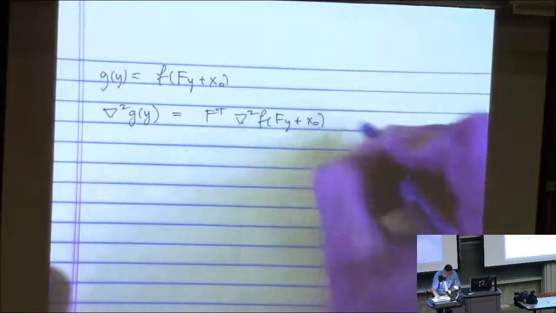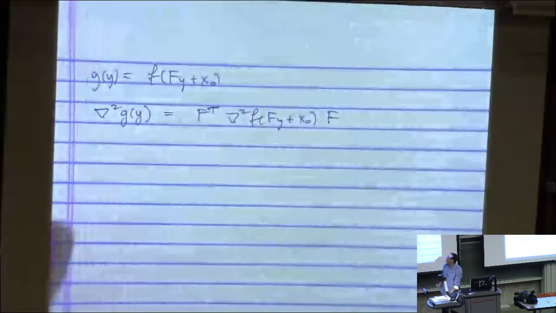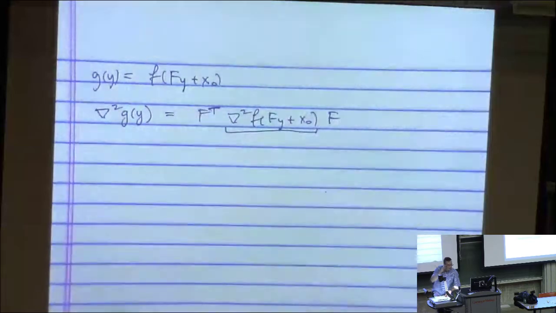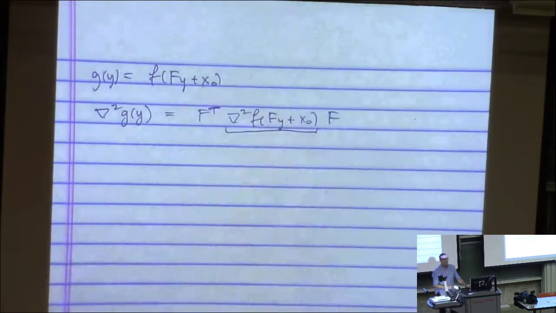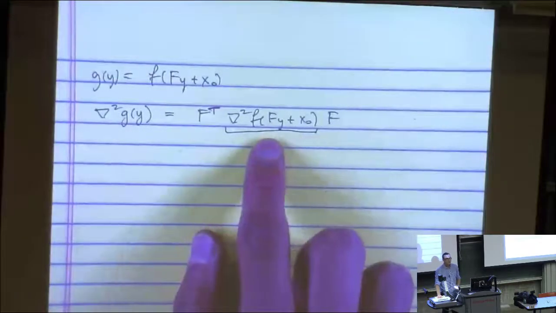This is just using the chain rule. And if this had a nice structure, let's say F was computed via an SVD or something, then this matrix could actually be dense. This whole thing could lose whatever structure I had in the Hessian in the first place.